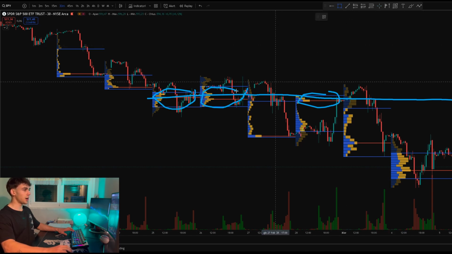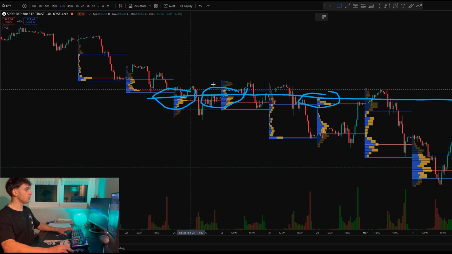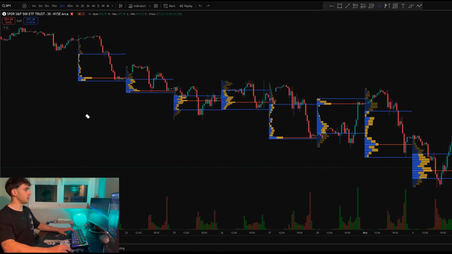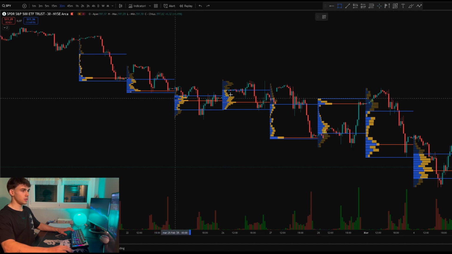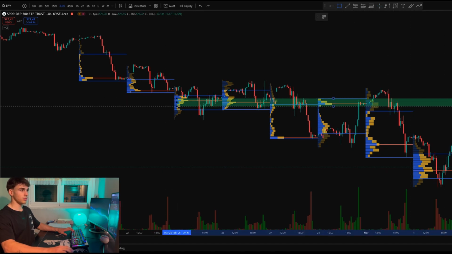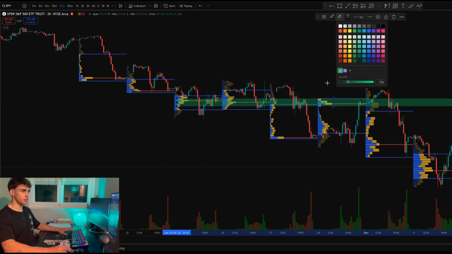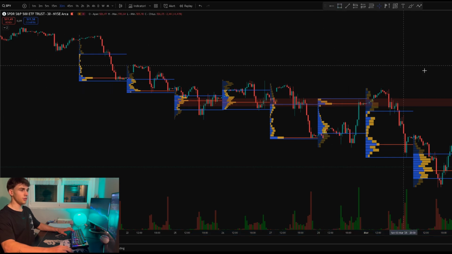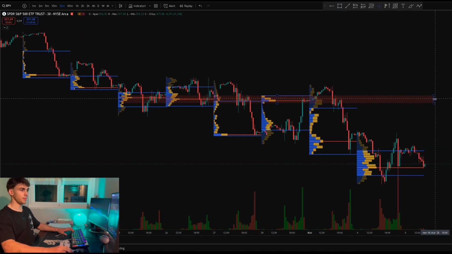So we can mark this on the chart. Let me delete this. All right. We can mark the box just like this, turn it red, and here it is. You have a really good supply area that you can use.